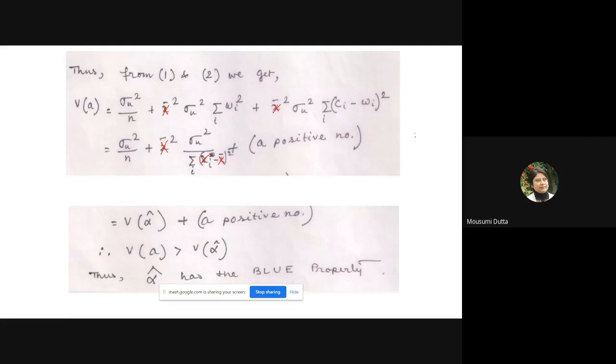For that, we need to learn how to calculate sigma square, because the sample variance may not be the unbiased estimator. Any question from this slide, or is it complete?